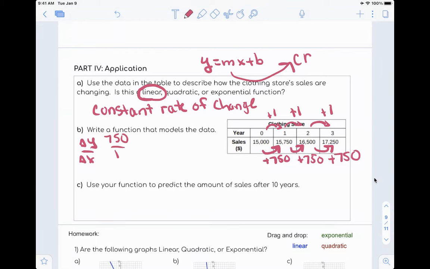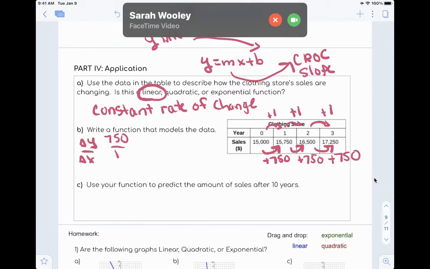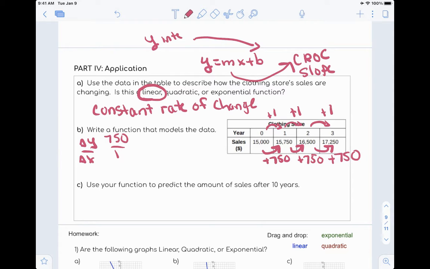And remember, I abbreviate it CROC, or slope. Our b is our y-intercept. It's where the function crosses the y-axis, which means your x value would be 0.